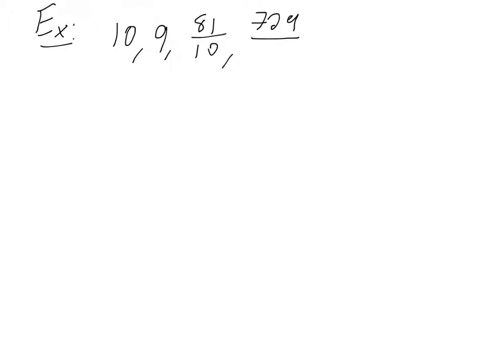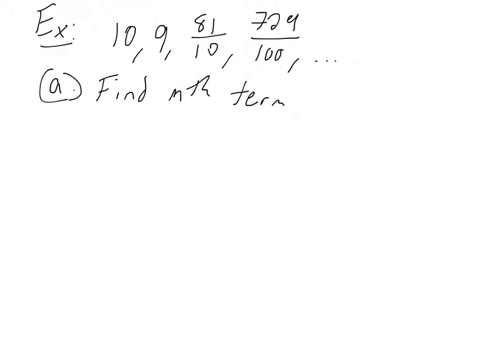Let's do an example here. Let's say I have the sequence 10, 9, 81 tenths, 729 over 100. So, part A, find the nth term. Part B, find the ninth term.